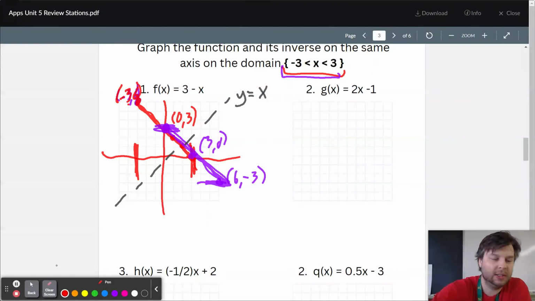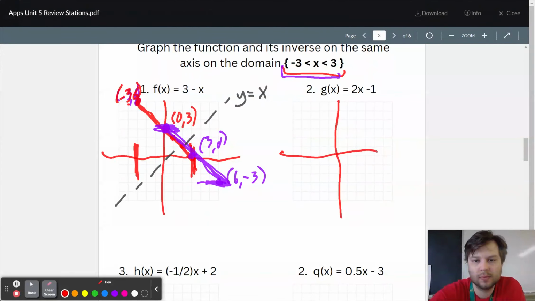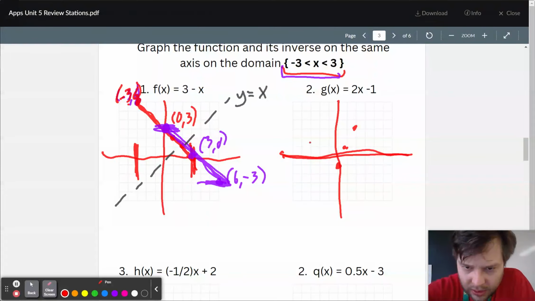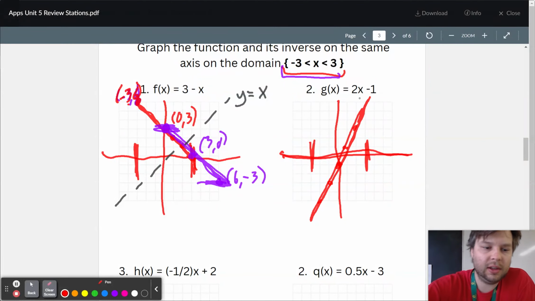Same sort of process for number 2. 2x minus 1 means we start down here at negative 1. We go up 2 and over 1. We only go between negative 3 and positive 3. So I'm going to go a little off the grid. Then I'm going to take a couple points, like for example, 0, negative 1, and 1, 1.